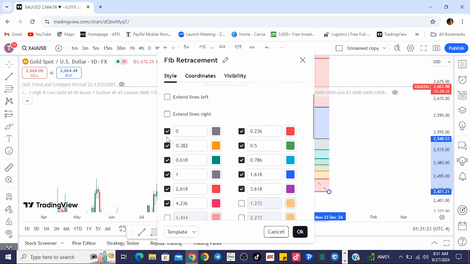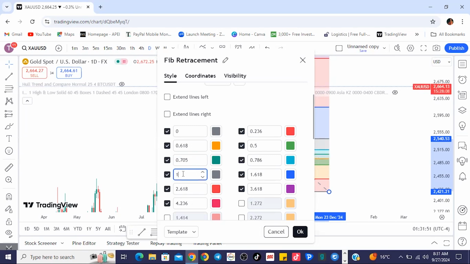The first setting that we have here is 0, of course, always 0. Then the second box should be ticked, and here we adjust it to 0.618. Then the third box we adjust from 0.618 to 0.705.